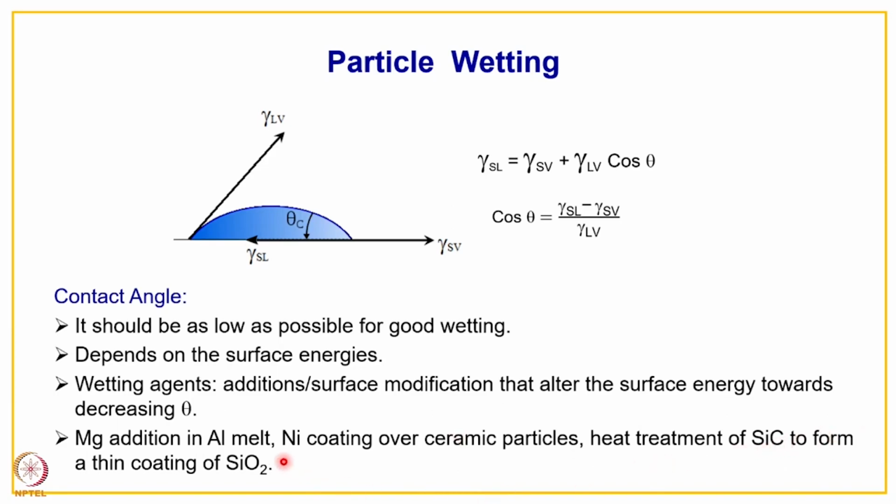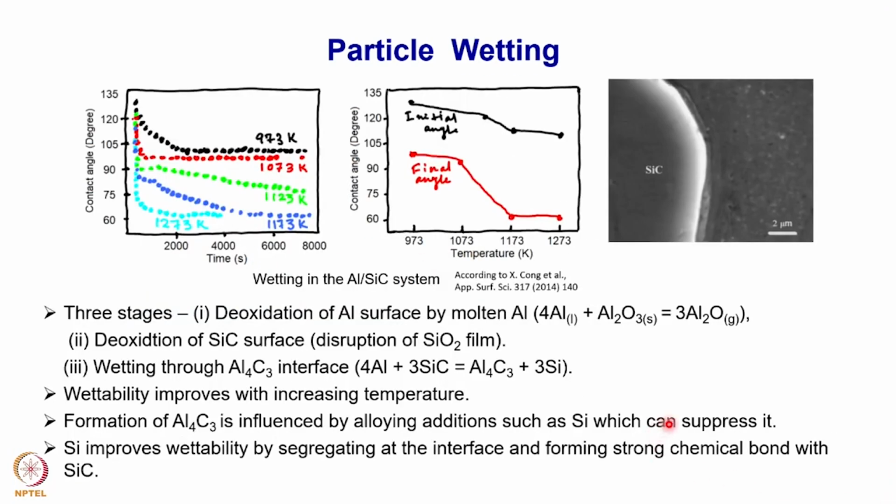So if you form a coating of SiO2 on silicon carbide particles, you can improve upon the wetting, or you can decrease the contact angle. Okay, and these are some of the experimental results in which people have shown the effect of temperature and its correlation with the contact angle.